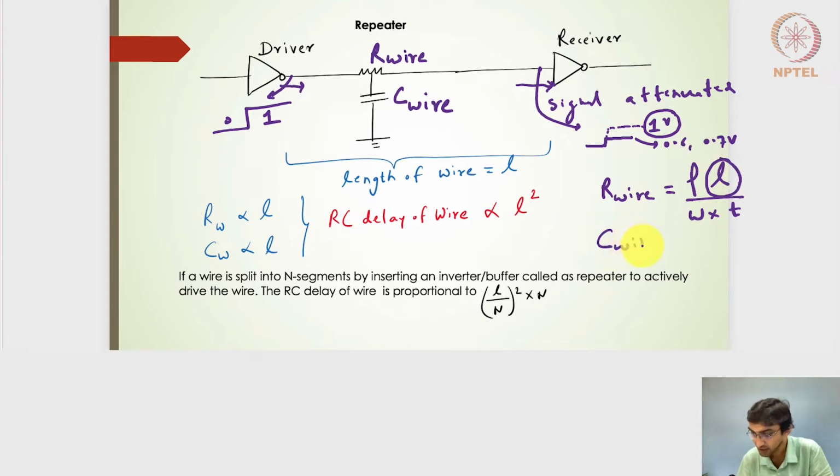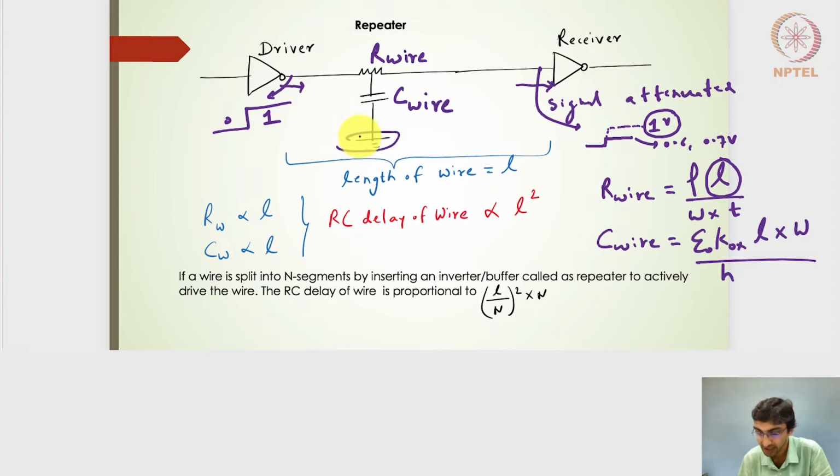C wire, if I go by definition, is epsilon naught K oxide. We'll assume that the dielectric is silicon dioxide, and the area is L times the width of the wire, divided by the spacing. So this H represents the spacing between the wire and the ground plane.